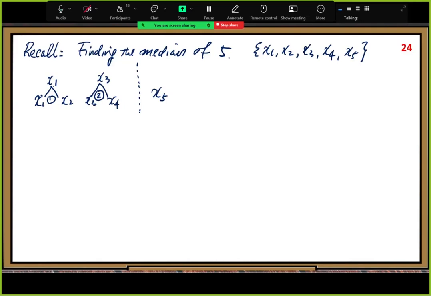All right. So then, keep doing the tournament method. Comparison number 3, and we assume x1 is the winner.